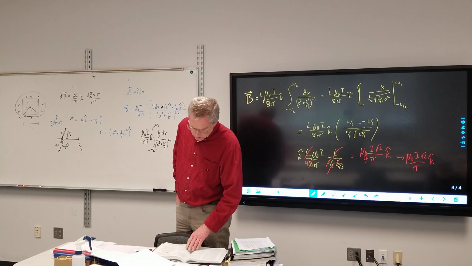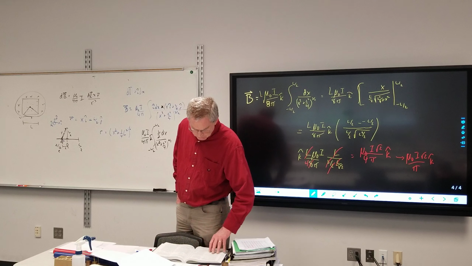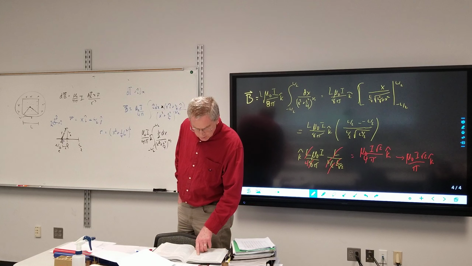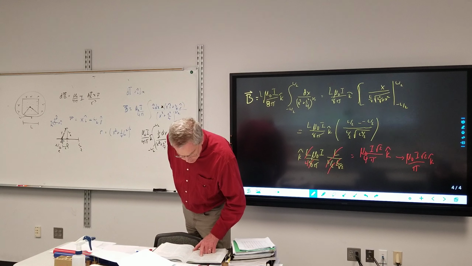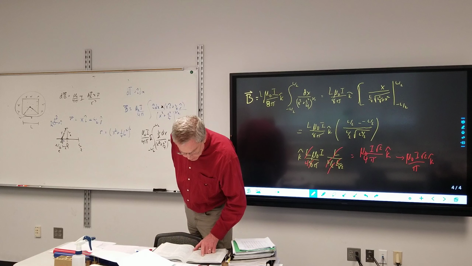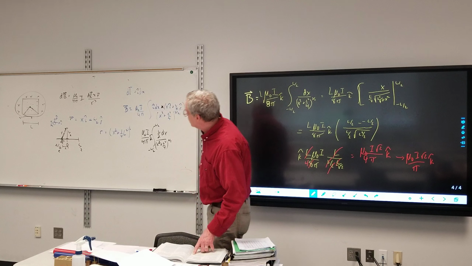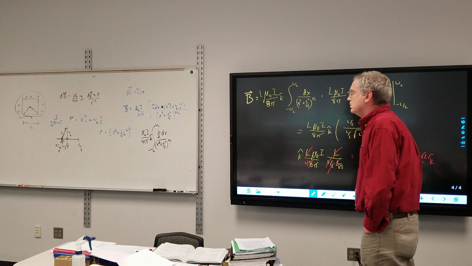That's 24. Wire bent in the form of a square loop, the sides of length L, steady current I flows in the loop. So those are length L, it's smack dab in the center, so the distance would be L over 2 there. I'm good with that.